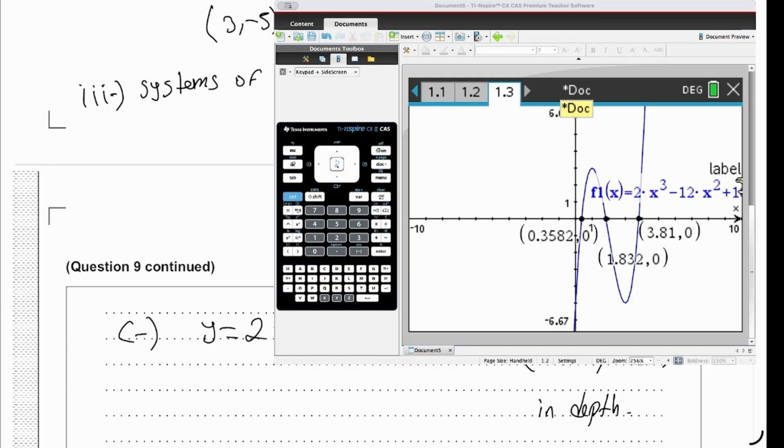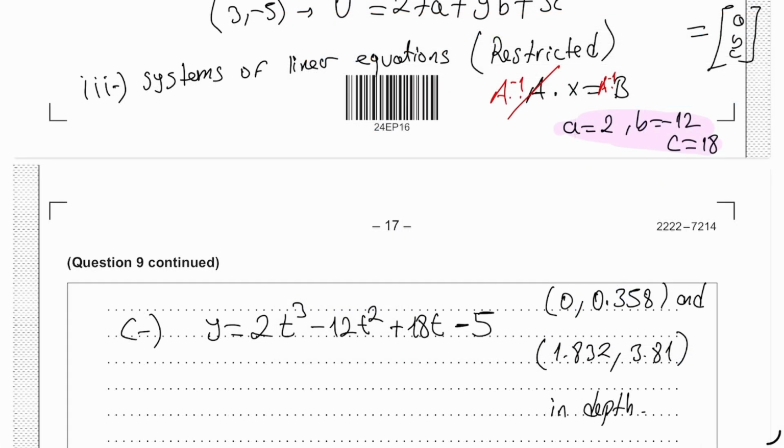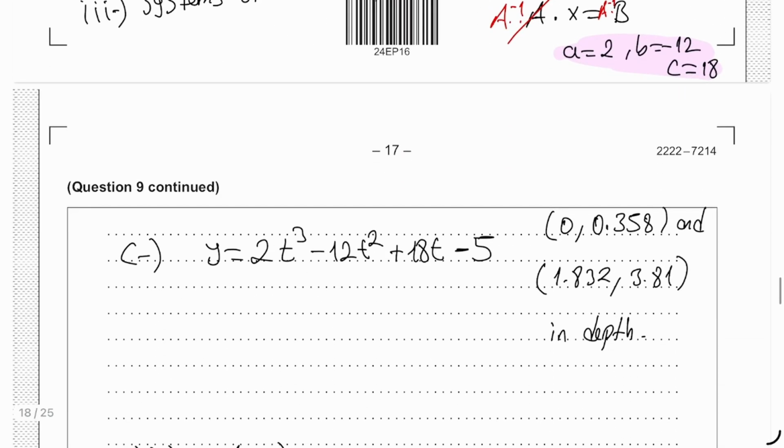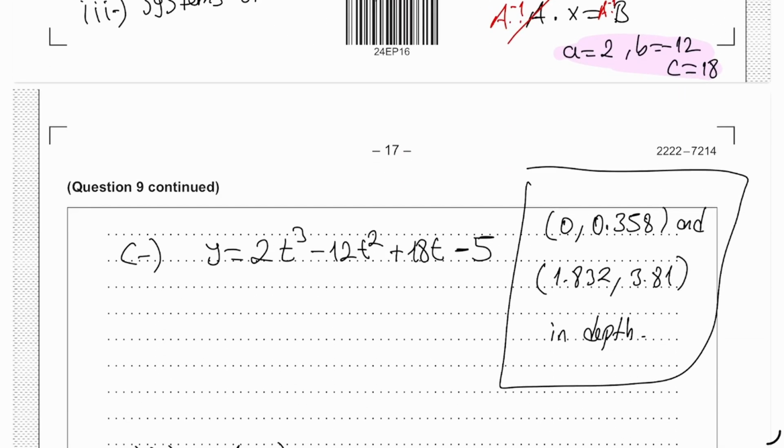That's how you find it. For the years, in which years is the graduate in debt? So between these years they are in debt, right? That's part C.